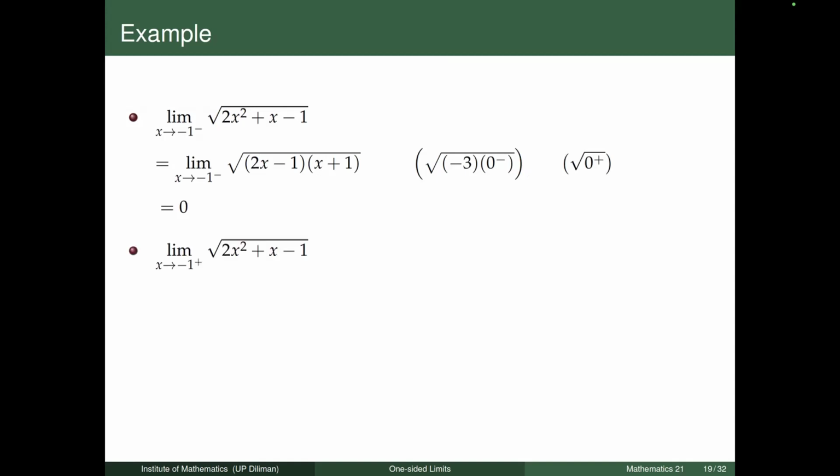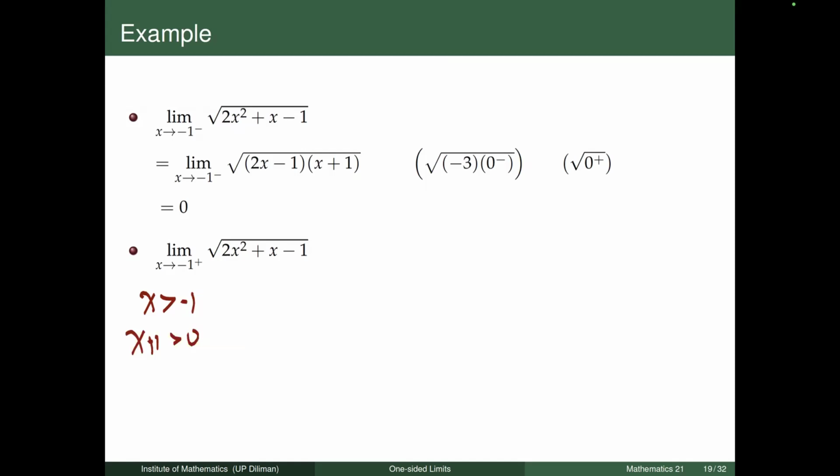However, if you try approaching it from the right, so then your x plus 1 will be greater than, sorry, let me, so your x is greater than negative 1, x plus 1 will be greater than 0.